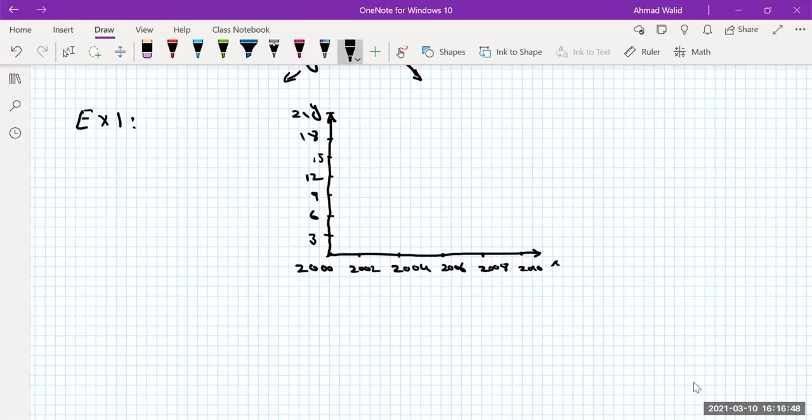The last one is, let's make it bigger here, 2012, not 2010. A graph is given to you from 15, there is a line, to 2012, which is 21.